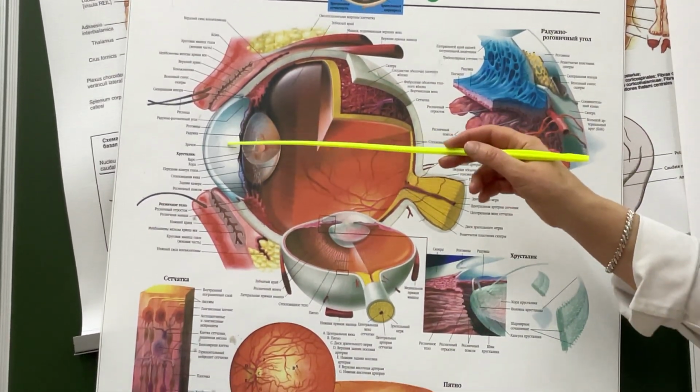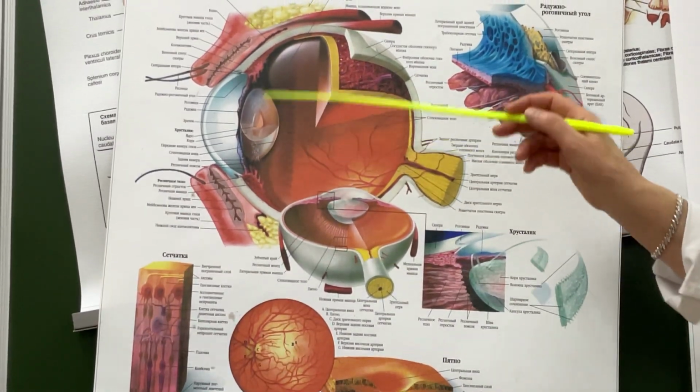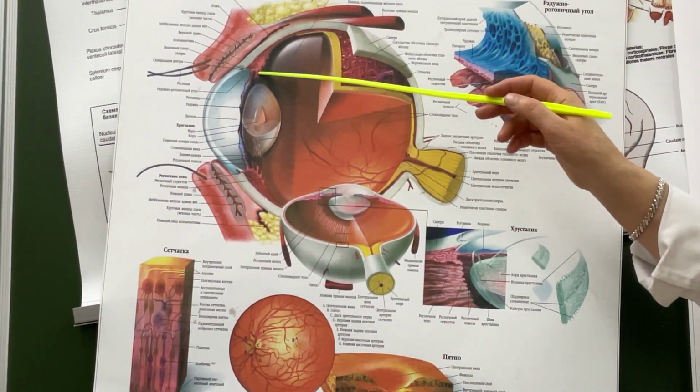The same does the fluid which is located in the anterior and posterior chambers. This fluid, as we said, is produced by the ciliary processes.